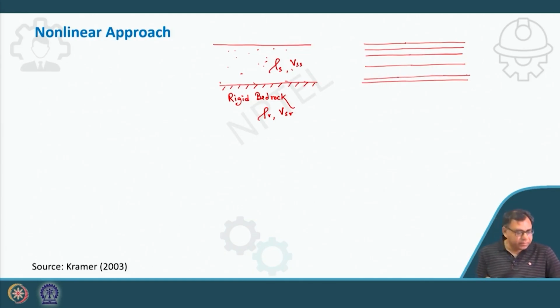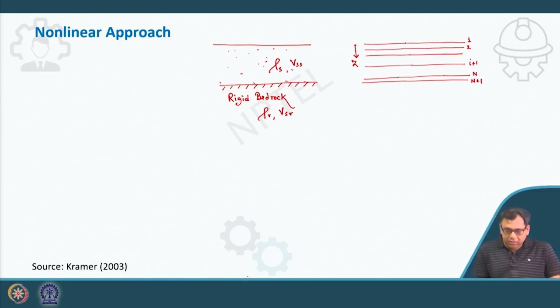The downward direction is z, and if we number them first, second, then i plus 1, then n, n plus 1 and so on.